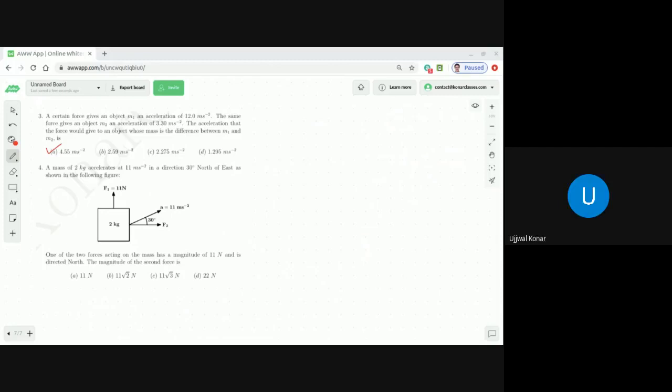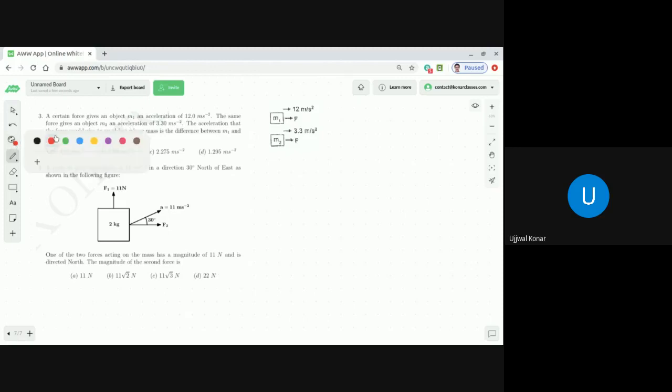And for the second one, if you look at how the forces are actually acting, I can show you the diagram here so that it will be helpful to understand. So for the mass M1 we get F equal to M into 12.